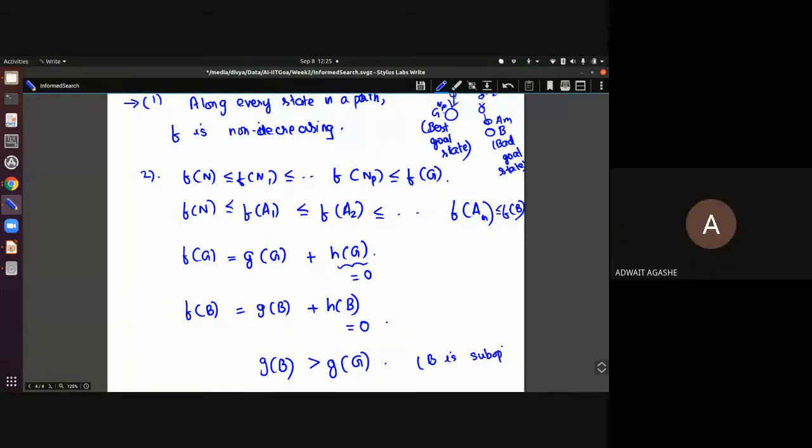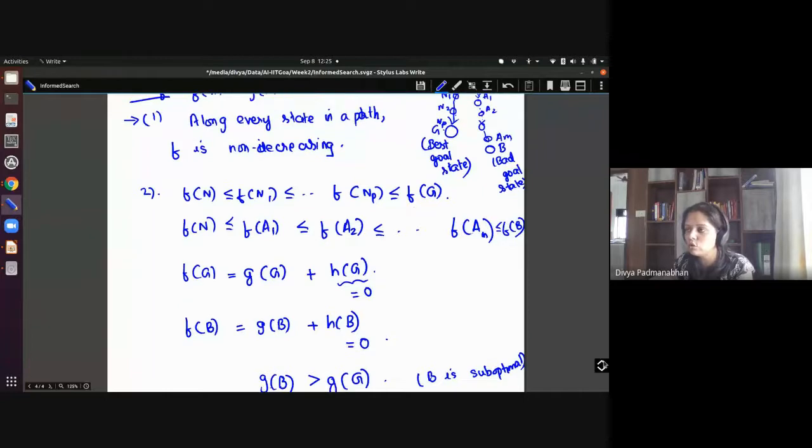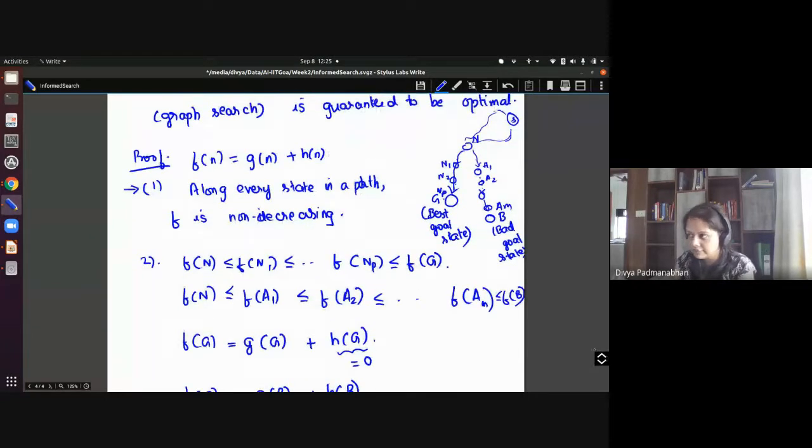But we have to prove this, right? No, this is given to you. You assume that there is a bad goal state and a good goal state, so this is known. What you have to show is that you will always reach g first. If you apply A star, you will pop out g first before you pop out b.